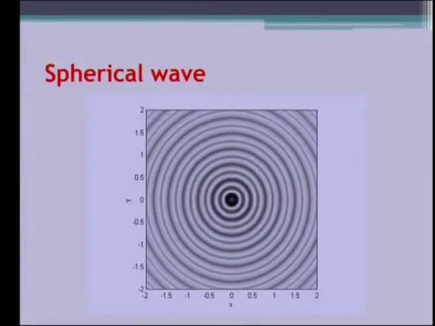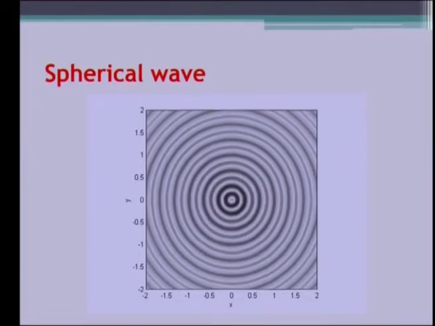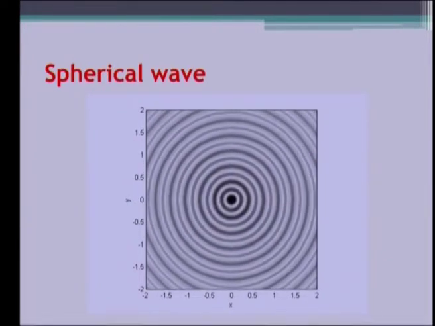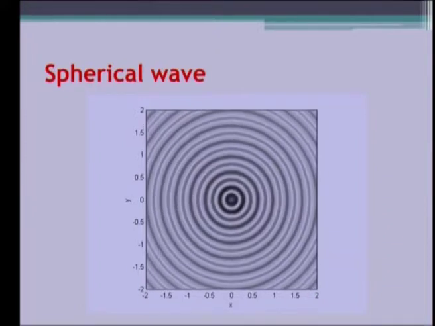Let us see what classification is done so that we call it a spherical and plane wave. See, in a spherical wave, the wave starts from a particular point and propagates in all directions.